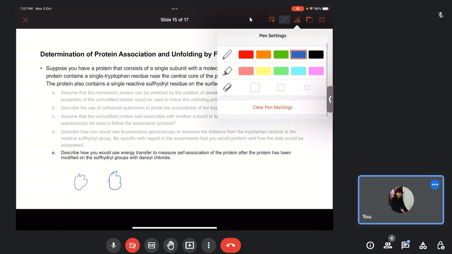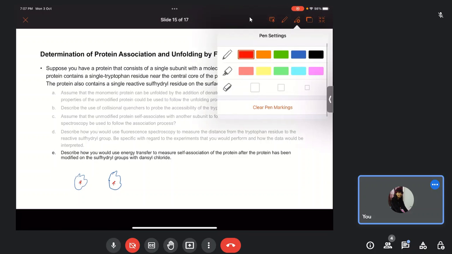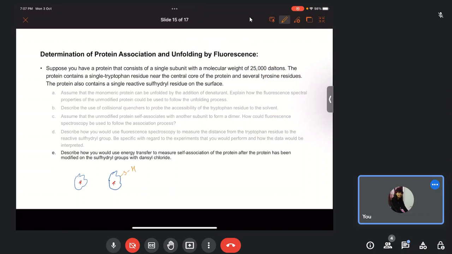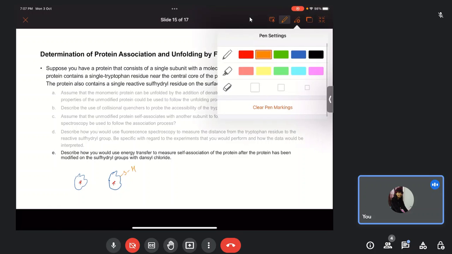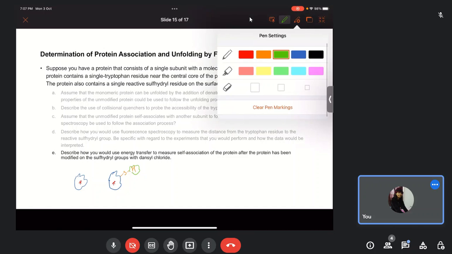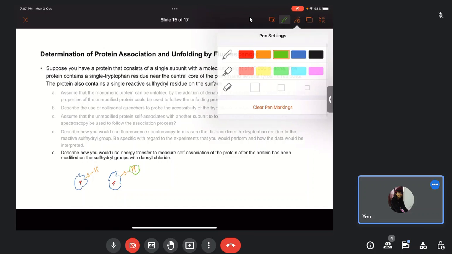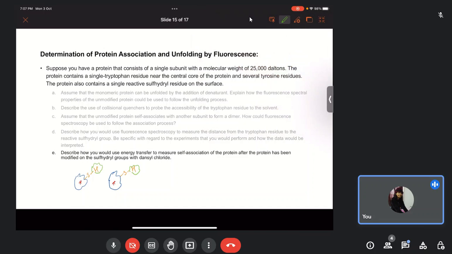You have two monomers with tryptophan in the middle and a sulfhydryl group at the side, and you modified it with dansyl chloride. What can we do to measure the self-association after the protein has been modified with sulfhydryl groups?